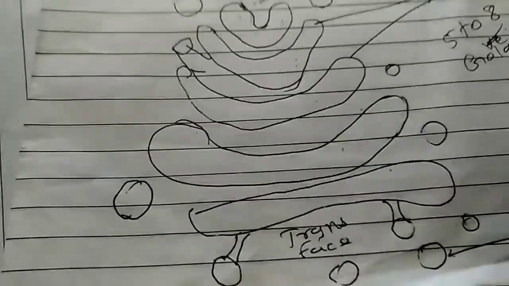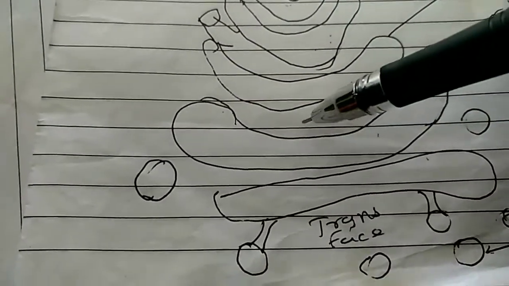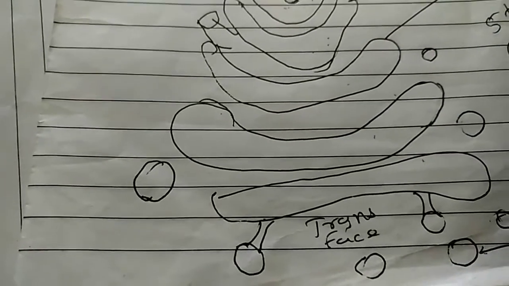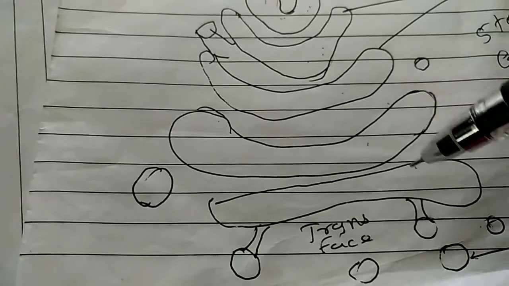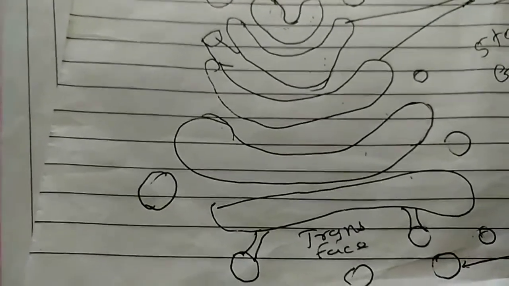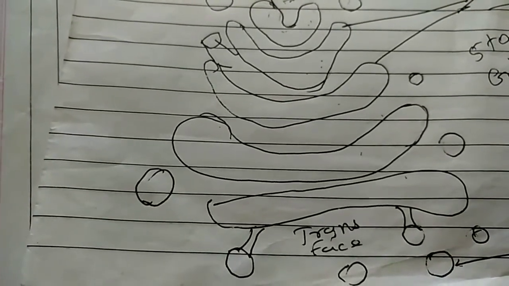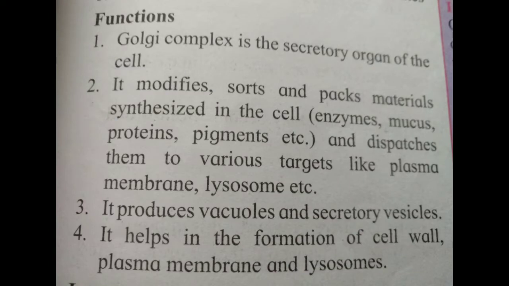So from this we can say that the Golgi complex is a secretory organ of the cell because it has many cisternae and it secretes chemicals. We'll understand functions one by one.